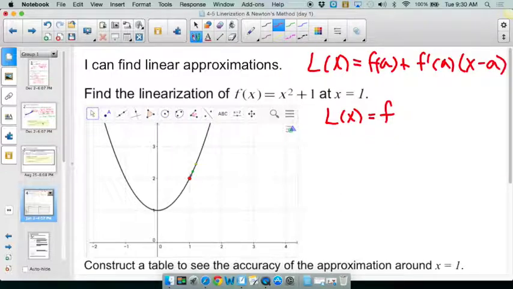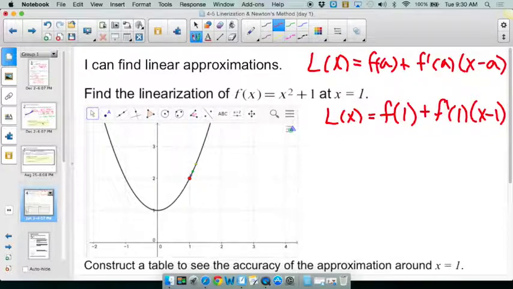So a is what point on this graph? What is my a for this graph? Yeah, exactly, 1. So what is the value at 1 plus the derivative at 1 times x minus 1?